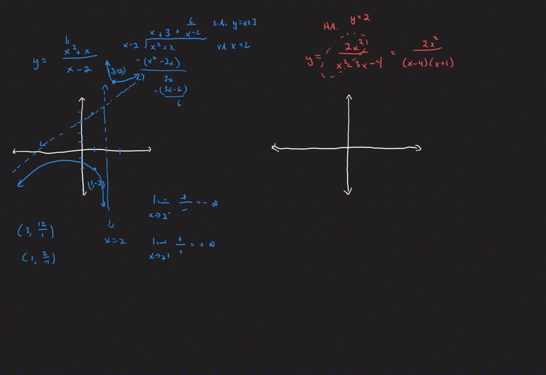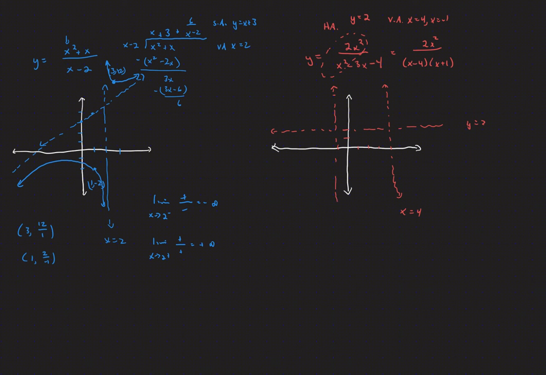So it looks like we're going to get vertical asymptotes at x equals 4 and x equals negative 1. So let's see, we've got a horizontal asymptote here of y equals 2, and we've got vertical asymptotes at x equals 4, which I'm going to put right there, and also at x equals negative 1.